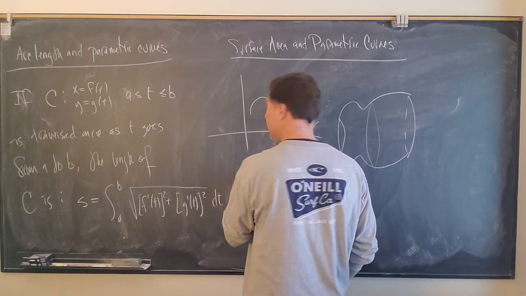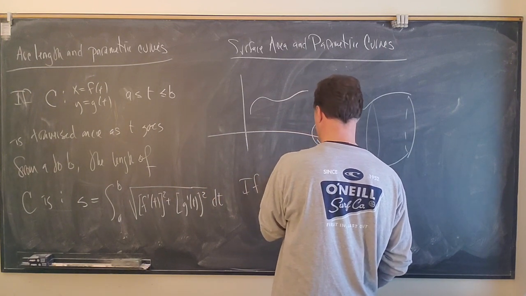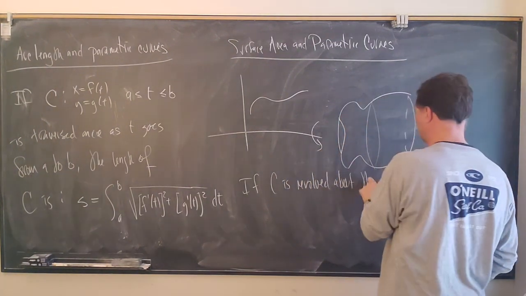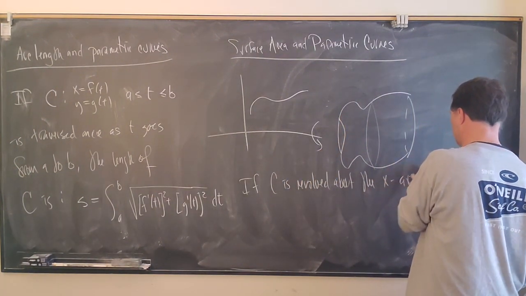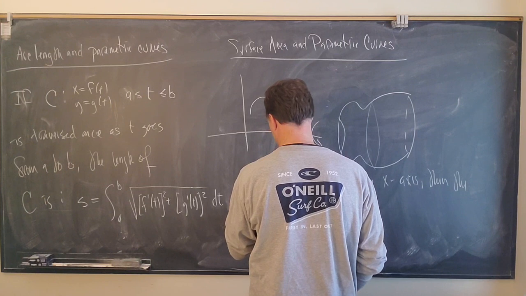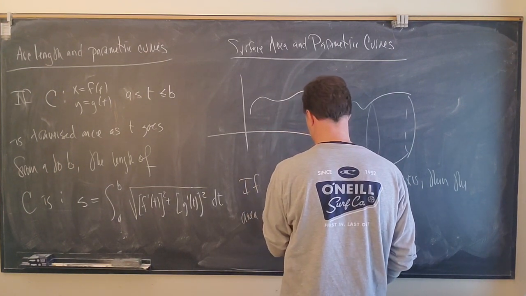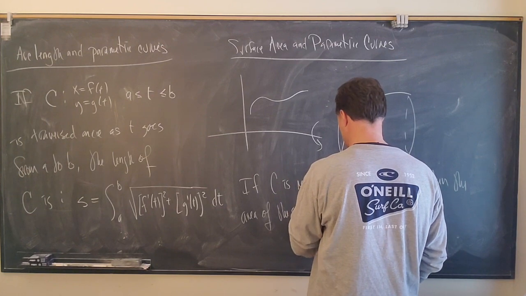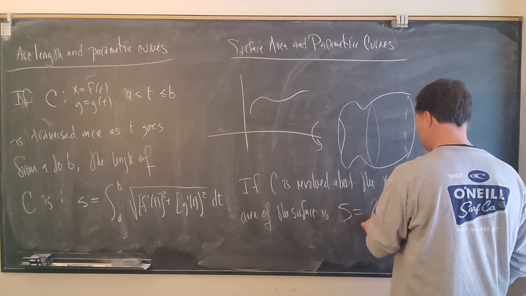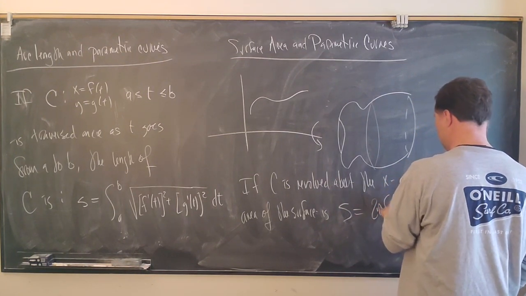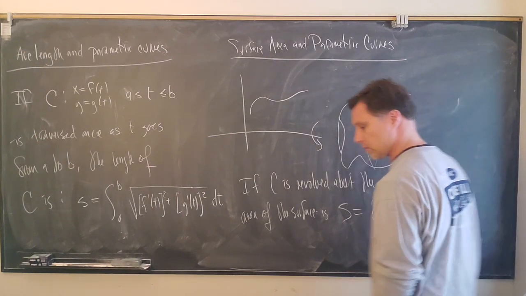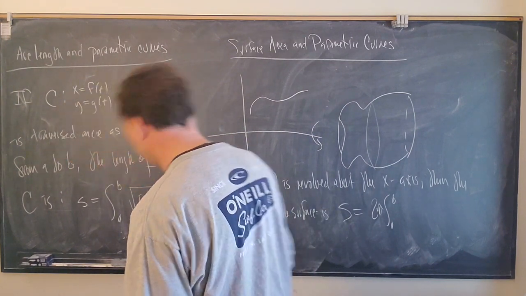So if this same curve C is revolved about the x-axis, then the area of the surface is, typically you use a capital S for surface area instead of lowercase s, so there's a capital S, and it's going to be 2 pi integral from a to b, and then it will be the, let me make sure I get this right, yeah, y.